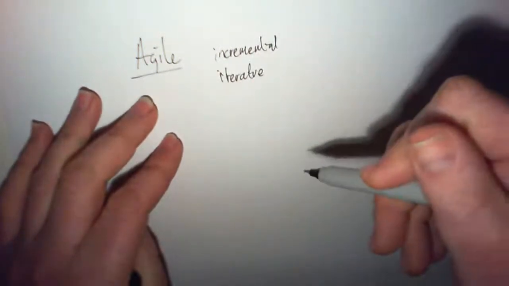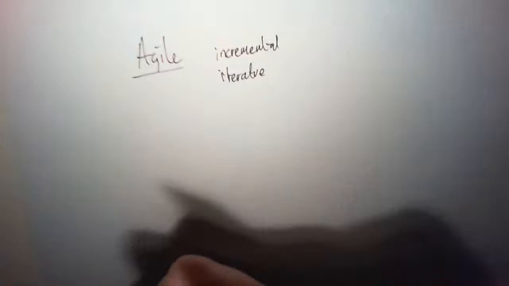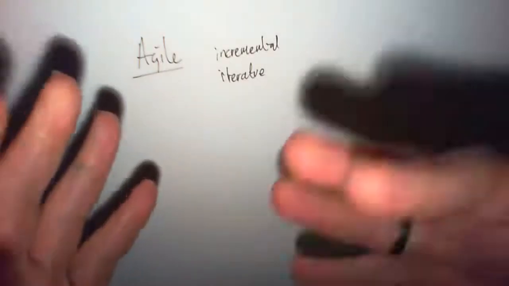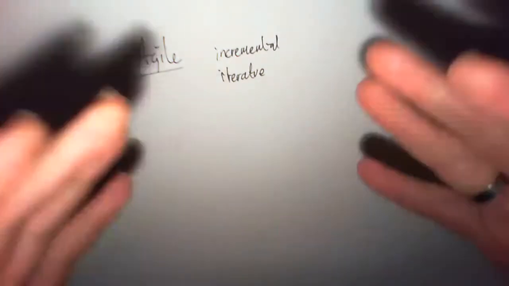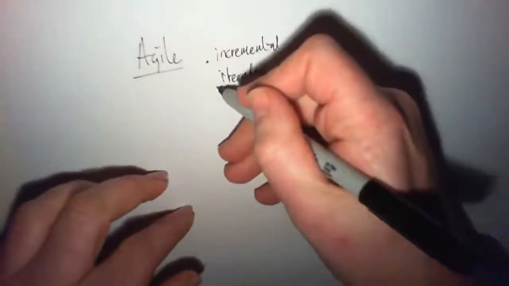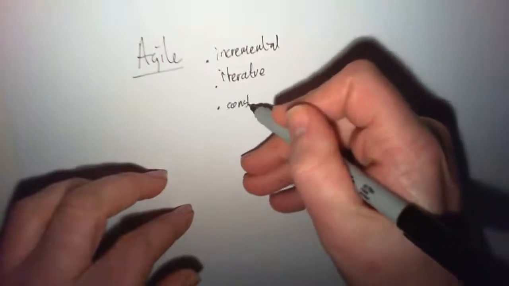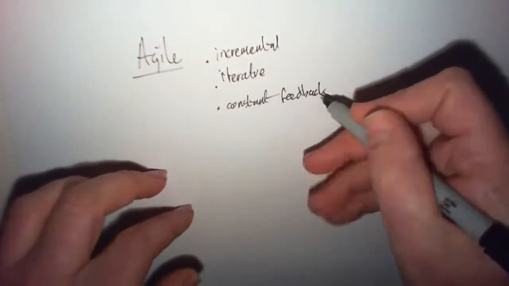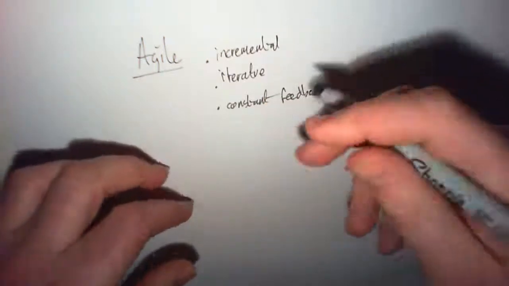It goes round in a circle. So instead of in-depth planning at the very start of the project, Agile methodologies are open to changing the requirements over time, and what they usually involve is constant feedback into the process. Okay, tweaking basically.